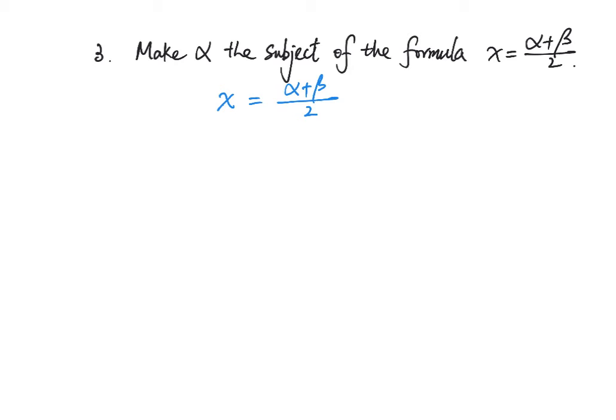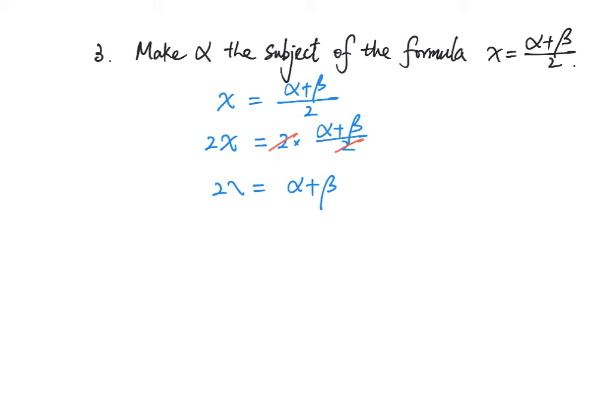When we move the denominator to the left hand side, change sign, change operation. Denominator means division, so we need to do multiplication. So 2 times x on the left hand side, 2 times the right hand side. 2 and 2 can be cancelled on the right hand side, so the right hand side will be alpha plus beta.